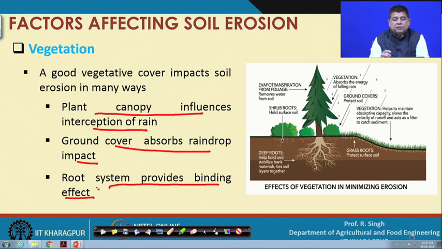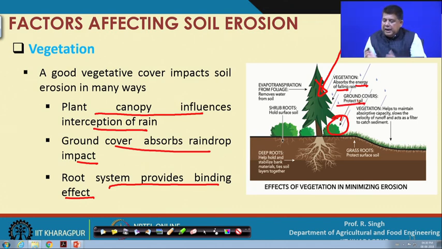Since yesterday we have been discussing that plant canopy is very important. So, if we look at this diagram, we can discuss every component one by one. Obviously, the plant canopy absorbs the energy of the falling raindrop, and it also intercepts the rainfall. If we talk about the ground cover here, then it protects the soil, that means it absorbs the kinetic energy.